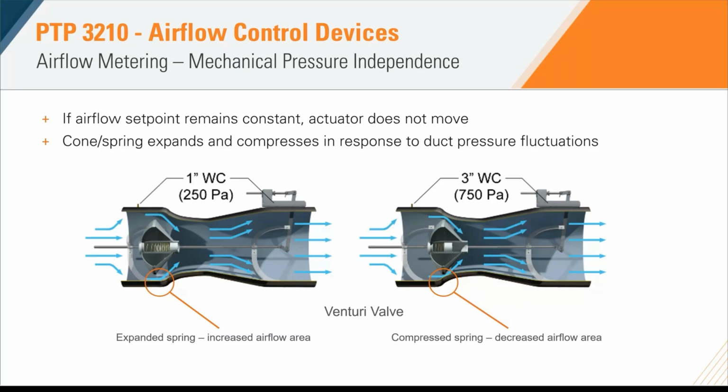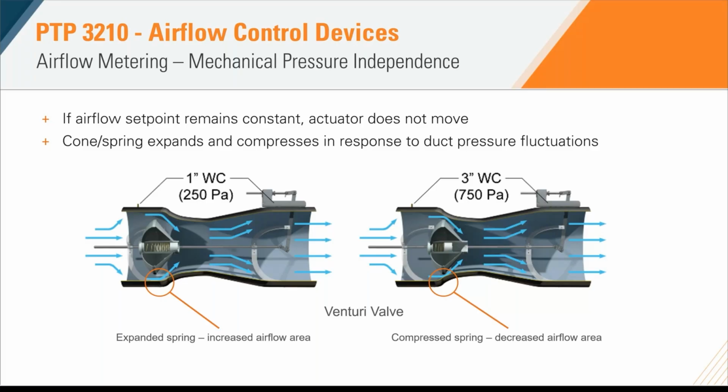If you have an example here of an air valve trying to control to 500 CFM, as that duct pressure goes from 1 inch to 3 inches, the cone spring will instantaneously react to that change and compress in response to that higher pressure, allowing a decreased area that flow can get around that cone, resulting in the same constant flow out of that valve.